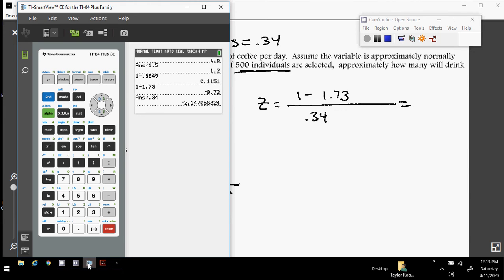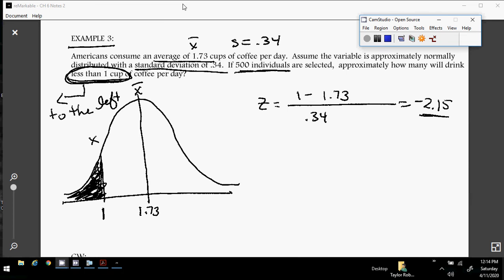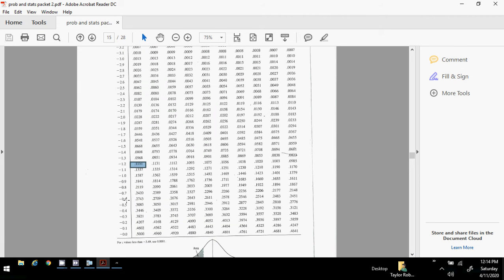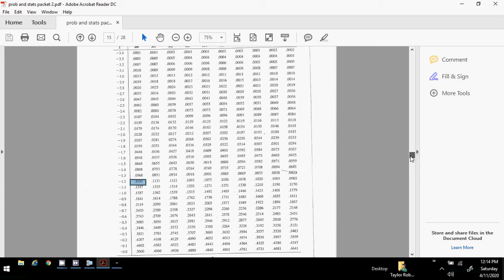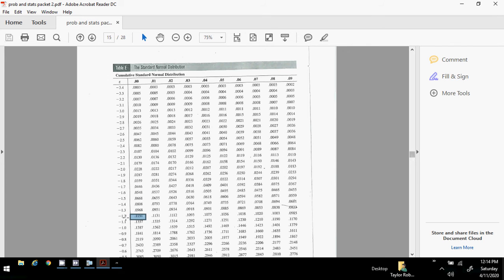And we get negative 2.15. Negative 2.15. Alright, so what are we going to do with that? We're going to look it up on our chart. Negative 2.15. Let's see if I can get this. 2.15. 0.0158.